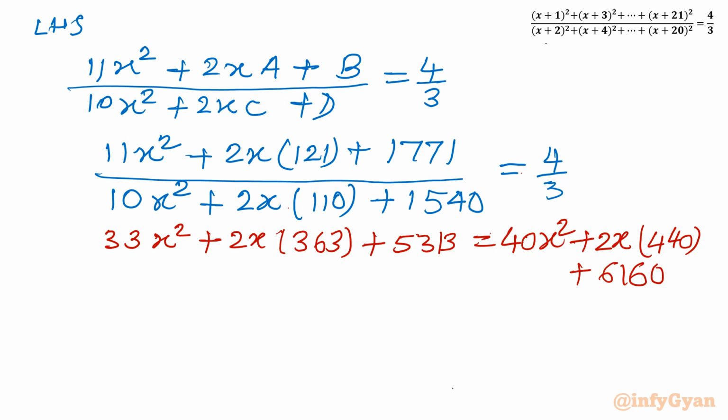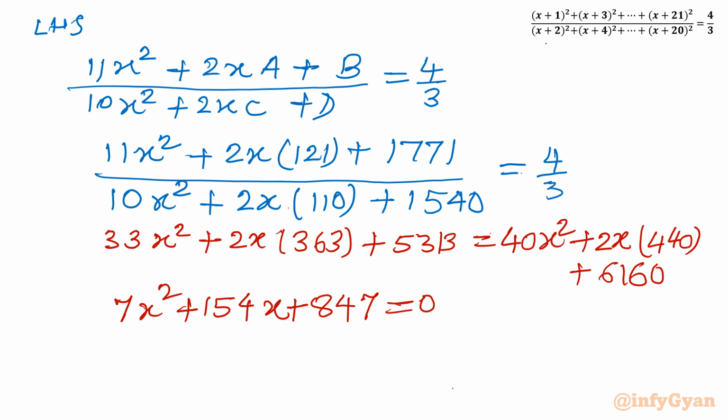Now collect all the terms to one side. So the equation ultimately will come out 7x square plus 154x plus 847 equal to 0.